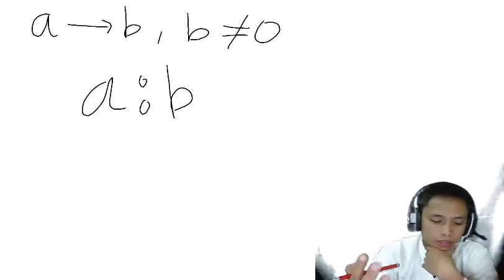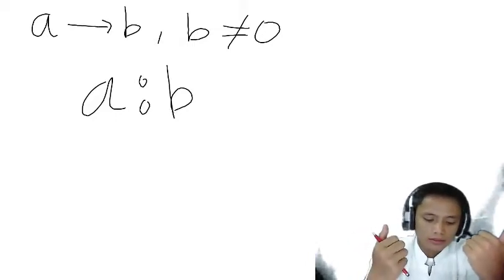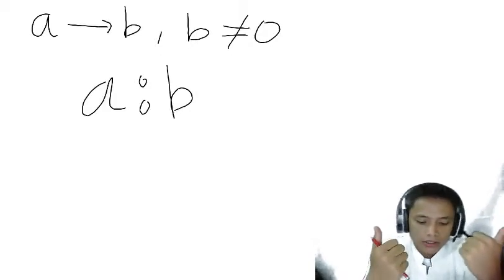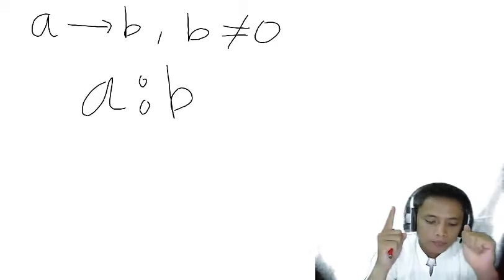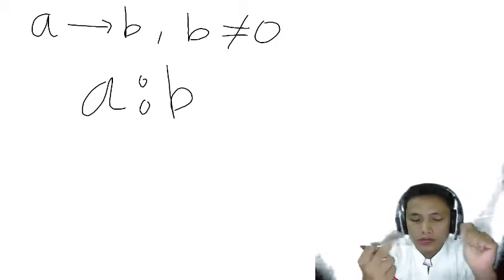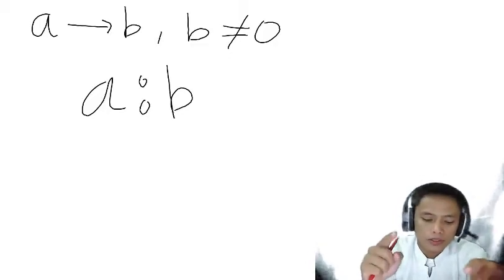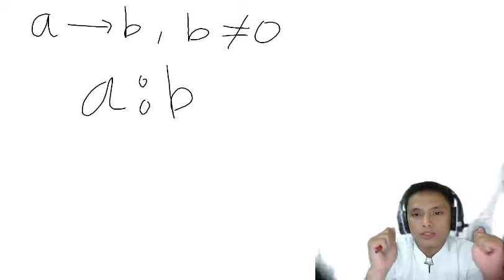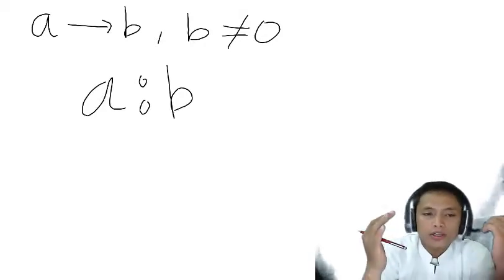I'm going to give you one example. There are 17 boys and 19 girls in the class. Find the ratio of, first, the number of boys to the number of girls, and second, the number of girls to the number of boys. The solution is very simple.